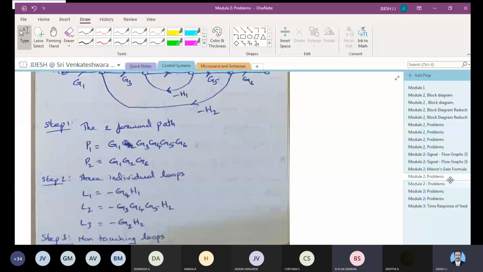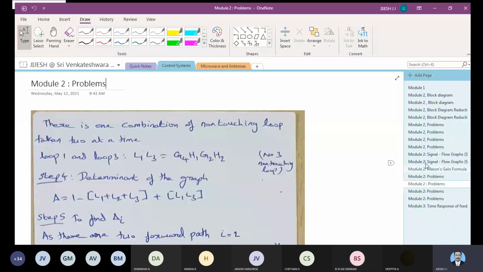There is one combination of non-touching loops taken two at a time, that is L1 and L3. Since no three non-touching loops are possible here, you can just write down as a line, no three non-touching loops are possible. So no need to do that step.